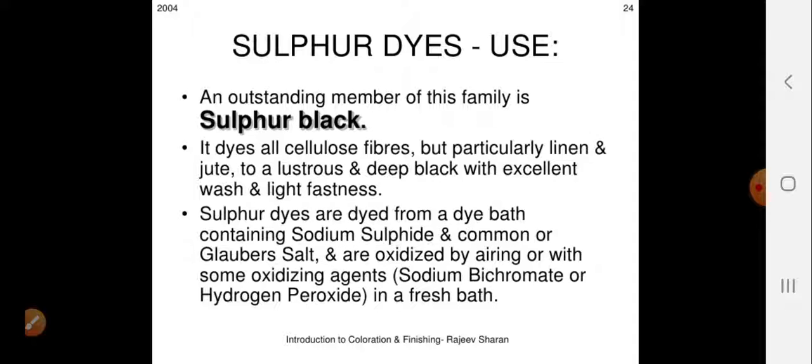They are dyed from a dye bath containing sodium sulfide, and common salt or even Glauber's salt are used, and also some oxidizing agents are added. Oxidizing agents used are sodium bichromate and hydrogen peroxide.